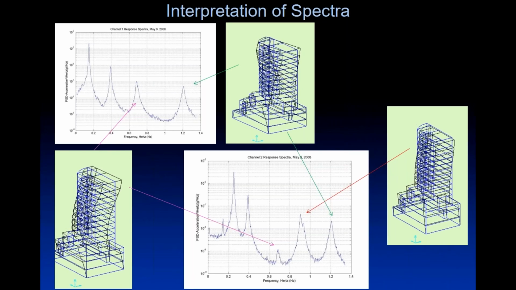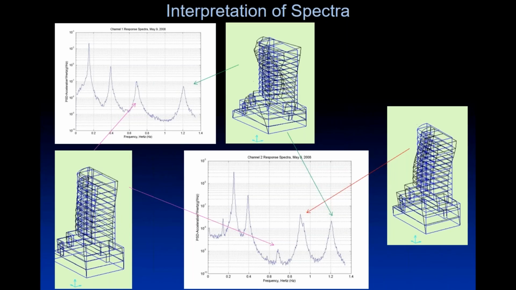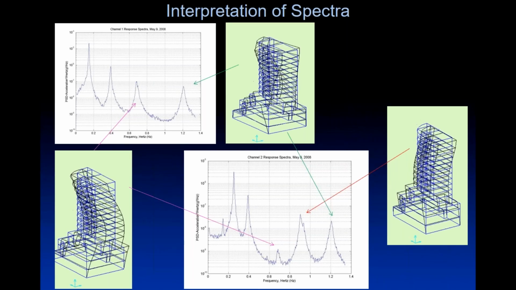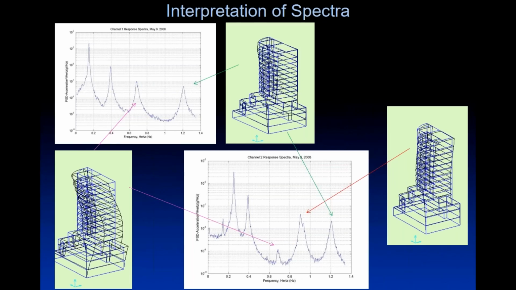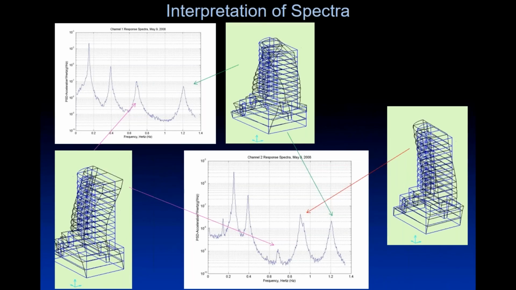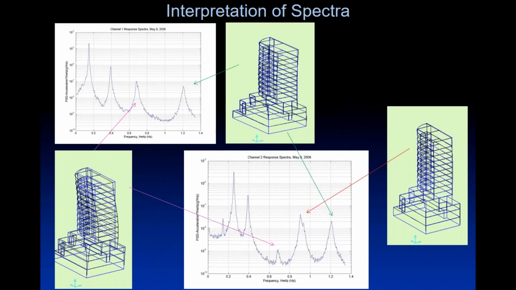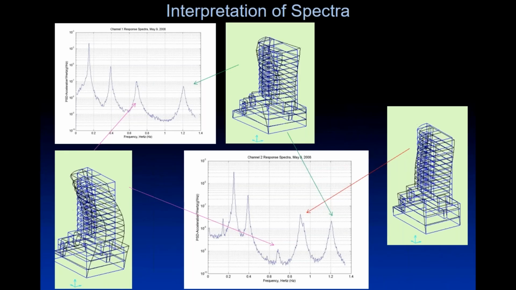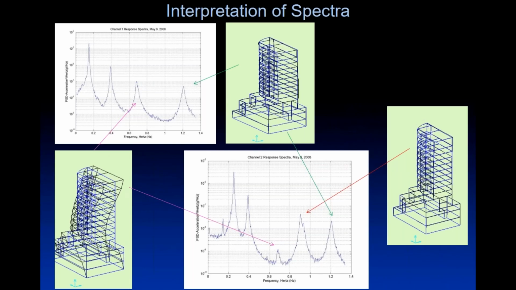We can use the behavior in those higher frequency modes of vibration to look at what's happening in different places in the structure. It's like having a series of linear algebraic equations. The unknown is where you've got some damage, and if you have enough modes of vibration, you can actually localize where that damage is likely to be.